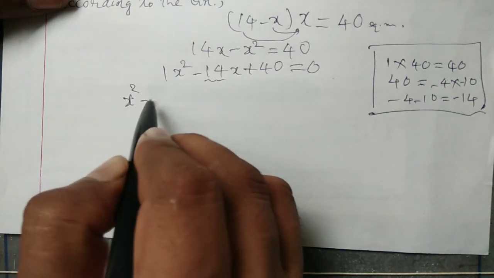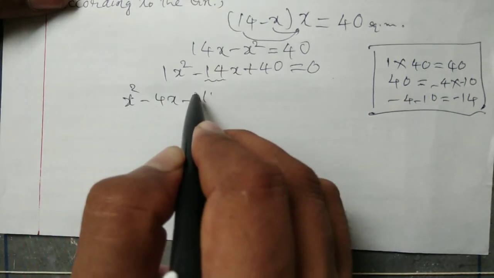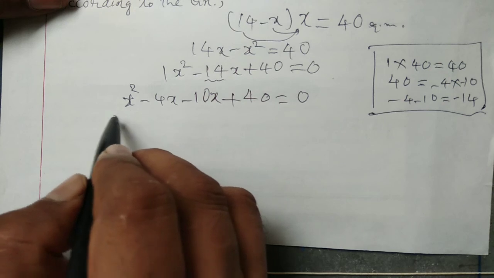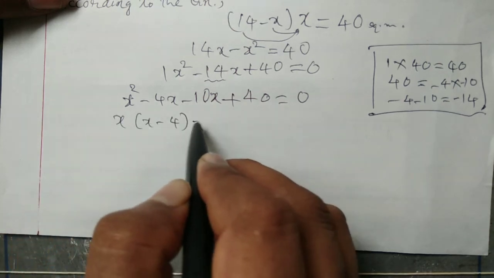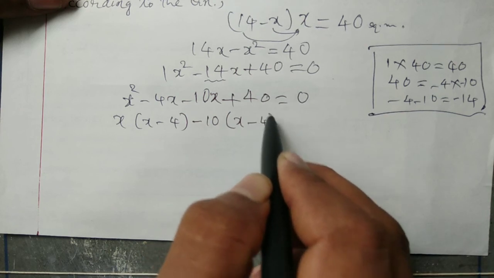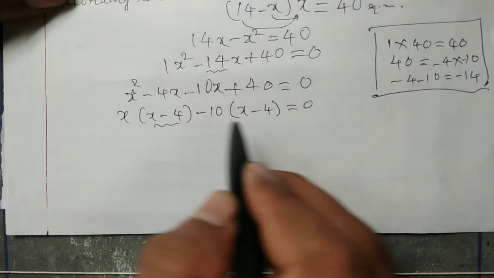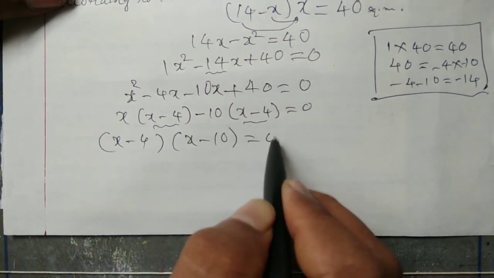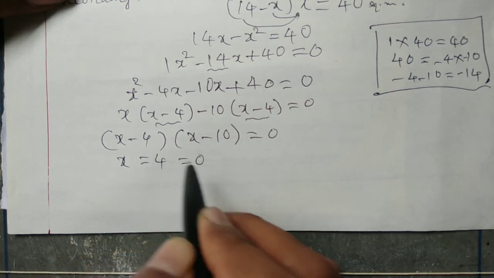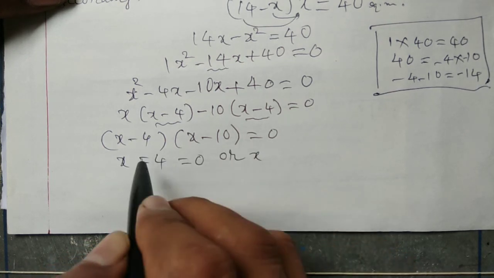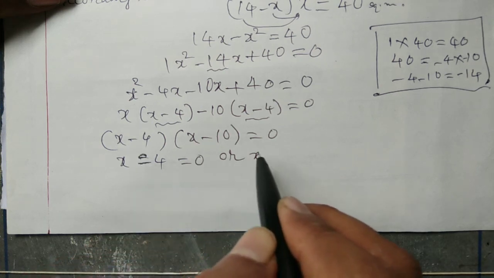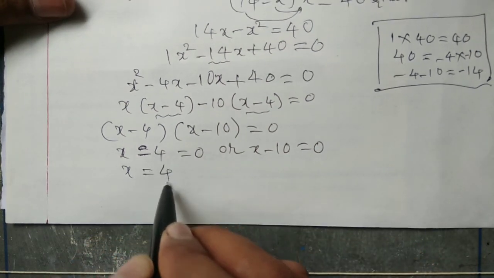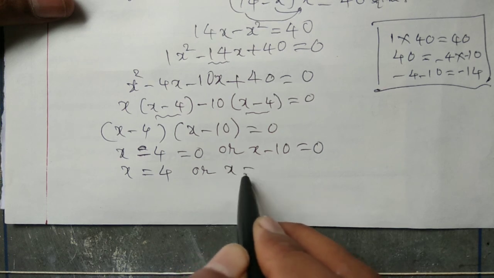Therefore x square minus 4x minus 10x plus 40 is equal to 0. x is common, x minus 4. 10 is common, x minus 4 is equal to 0. x minus 4 is common again, x minus 10 is equal to 0. x minus 4 is equal to 0, or x minus 10 is equal to 0. x is equal to 4 or x is equal to 10.